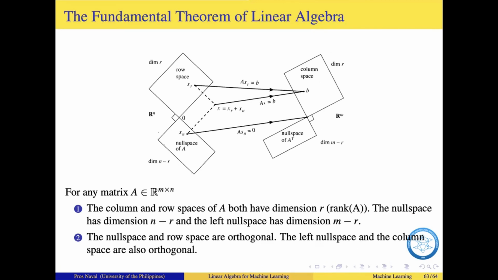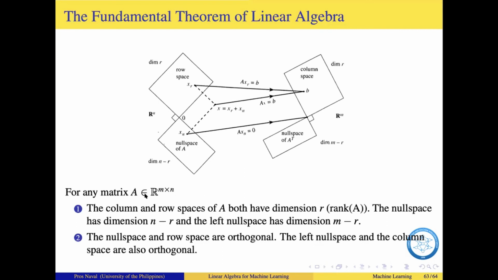Now we come to the second to the last slide of this lecture. The last slide is just your references. So we come now to the fundamental theorem of linear algebra, which is the following.